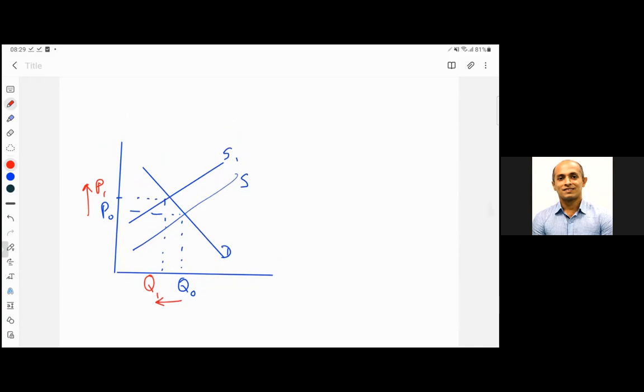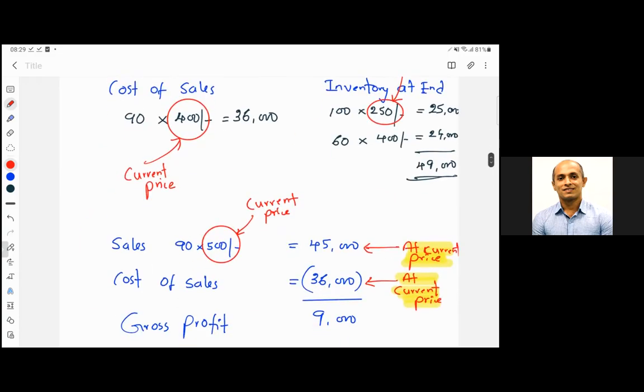Now in this example also, you see the price level has gone up. So in LIFO costing, your profit is not affected by price level changes, because cost of sales is valued at current cost. You have sales at current price level and cost of sales at current price level.